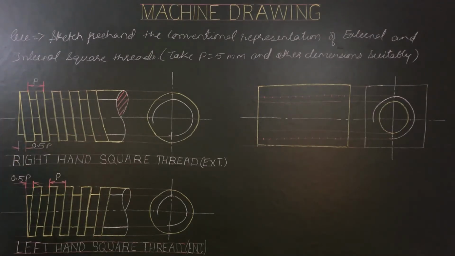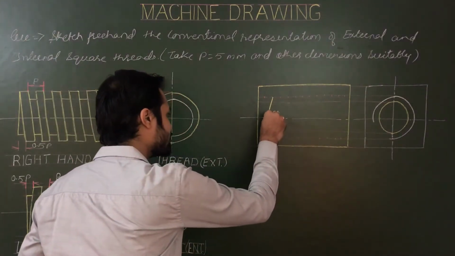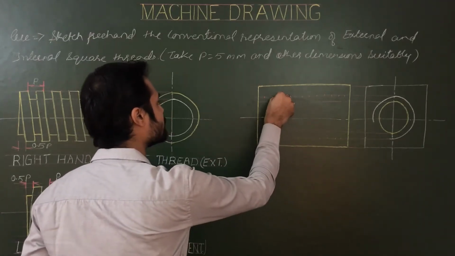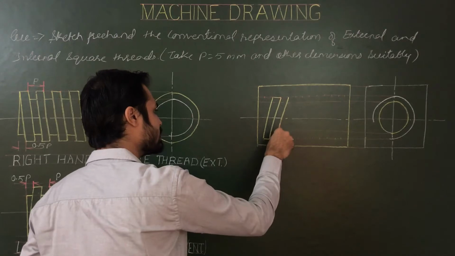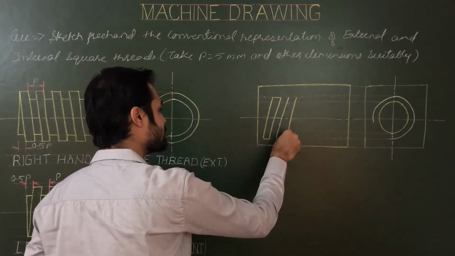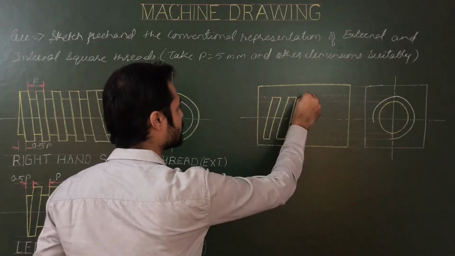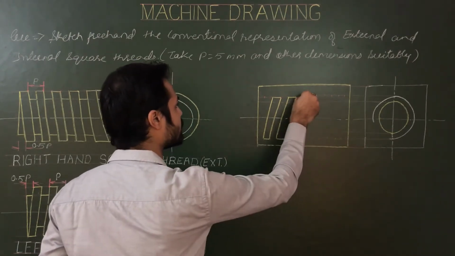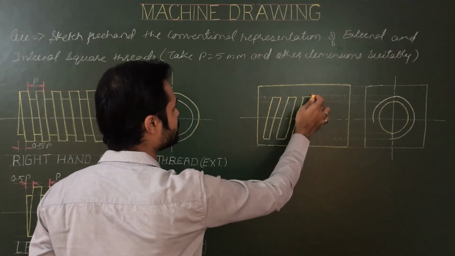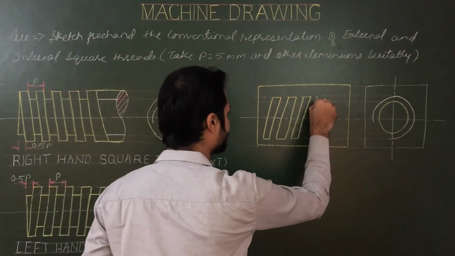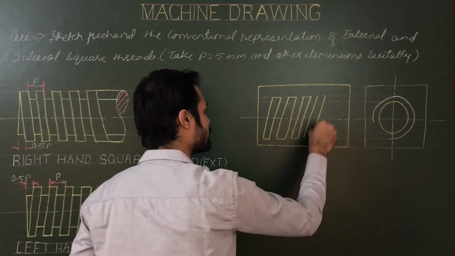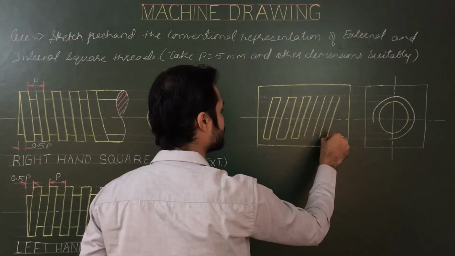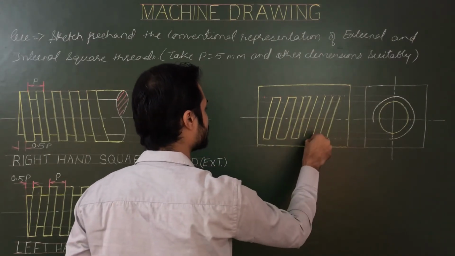Again repeat this process. Draw rectangles joining these points like this. So these are nothing but rectangles of size half of pitch. This is half of pitch and this is the slant length. So draw lines parallel to each other, or simply touching these points you can join.